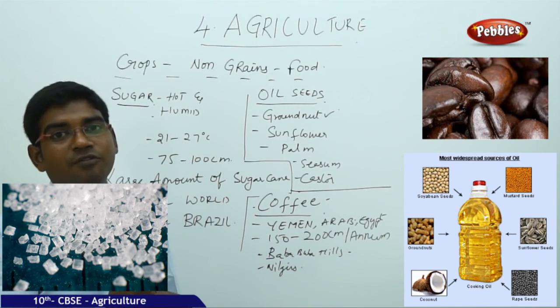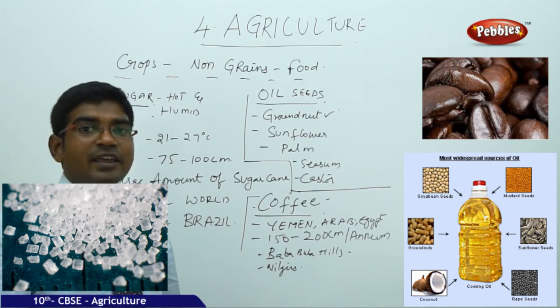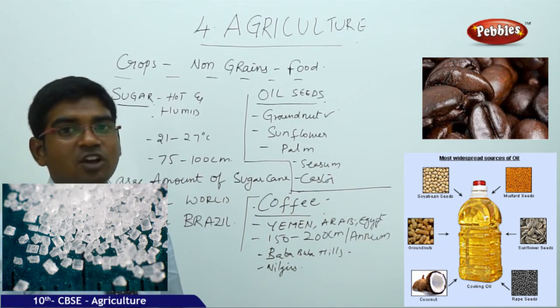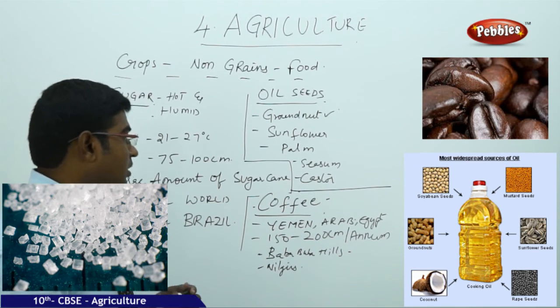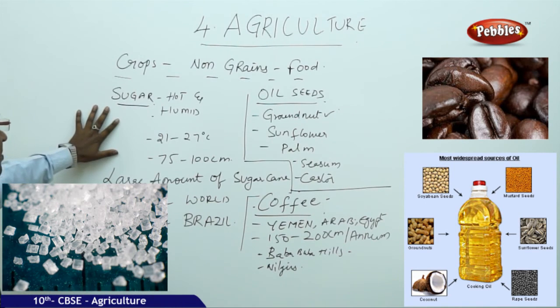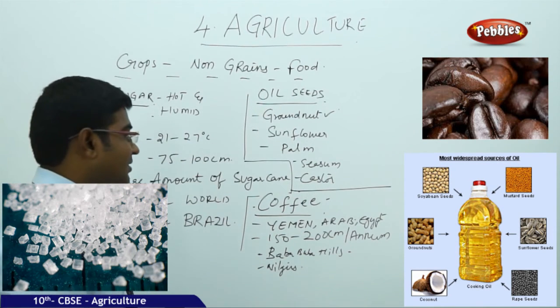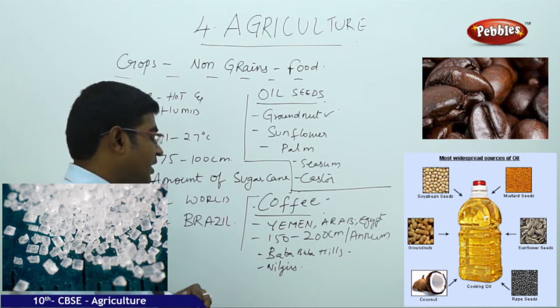Even the Brazilian coffee seeds are tasty. Nowadays there is a taste for Indian seeds also, which are making a significant contribution to coffee production. So in India we have sugarcane production on a larger scale. Next we have oil seeds production on a large scale. Third, we have coffee production on a very large scale.